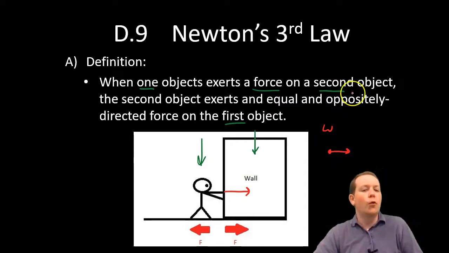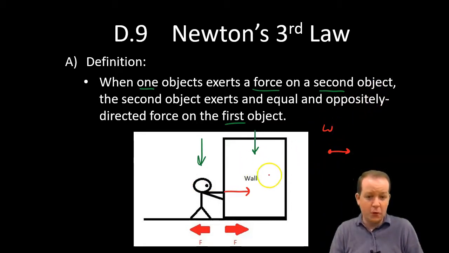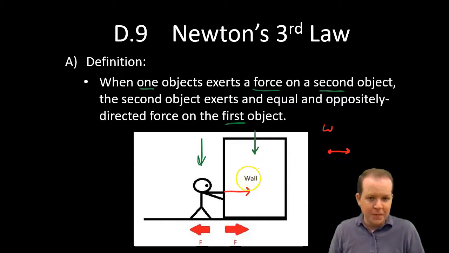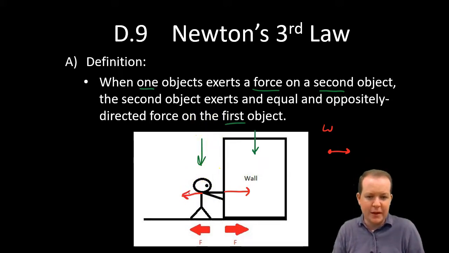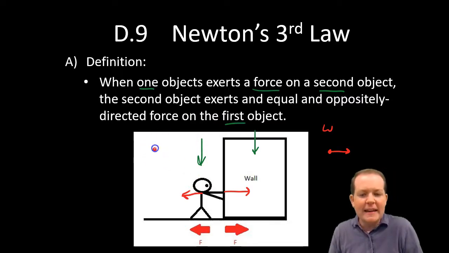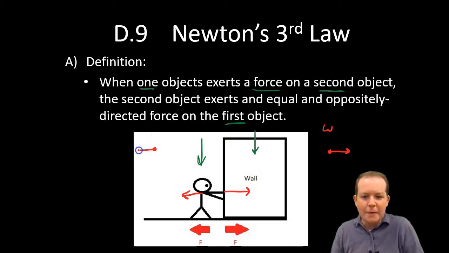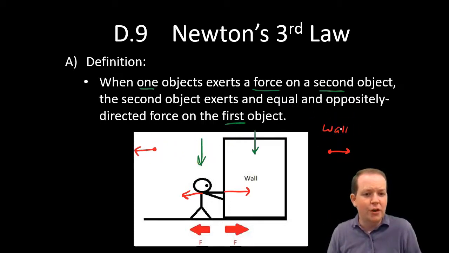According to Newton's third law, when this object exerts a force on the second object, the wall, the wall exerts an equal and oppositely directed force back on the first object. Oops, sorry, that should be a horizontal line. So if I made a free body diagram for this person, there'd be a force like this.